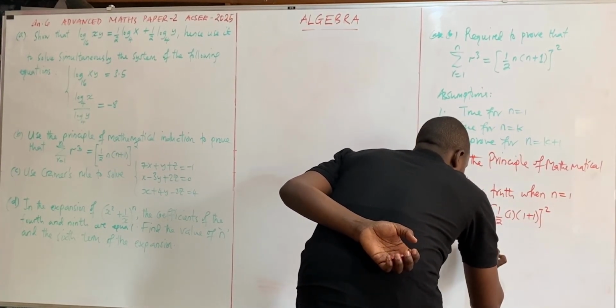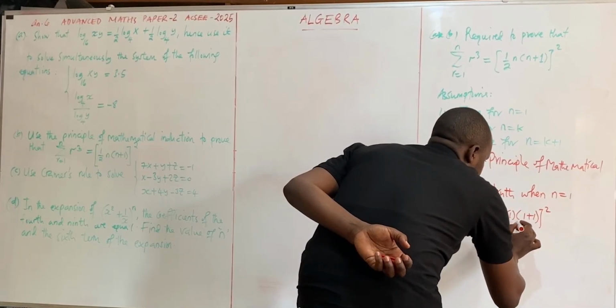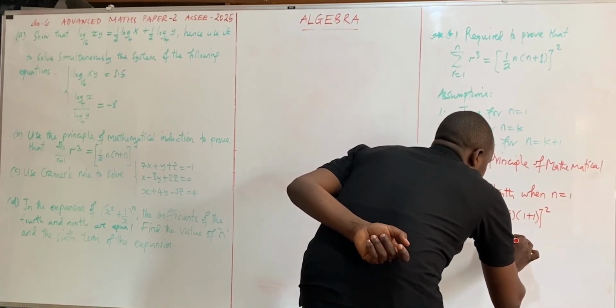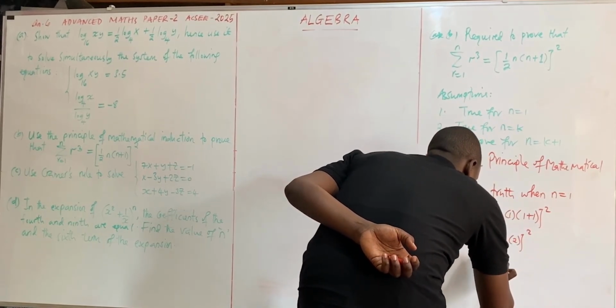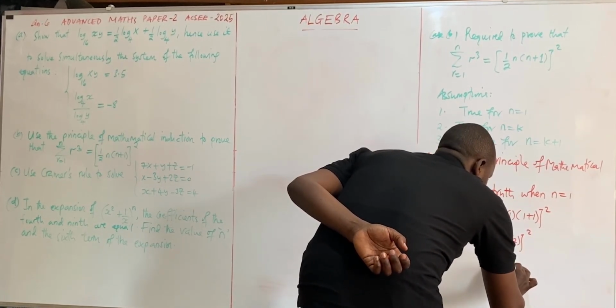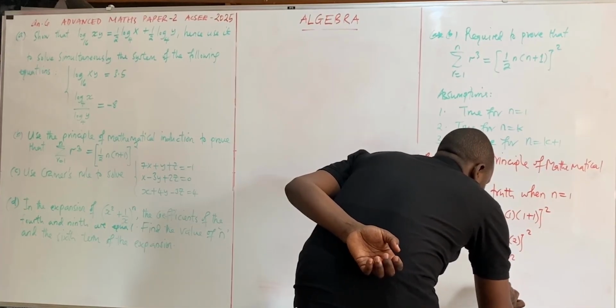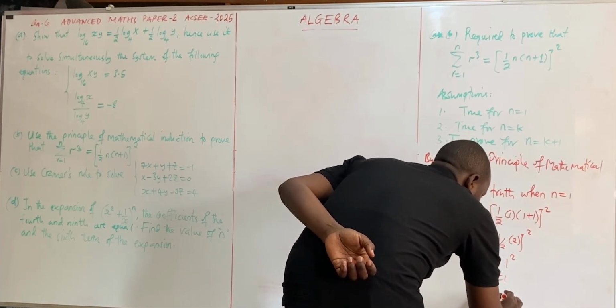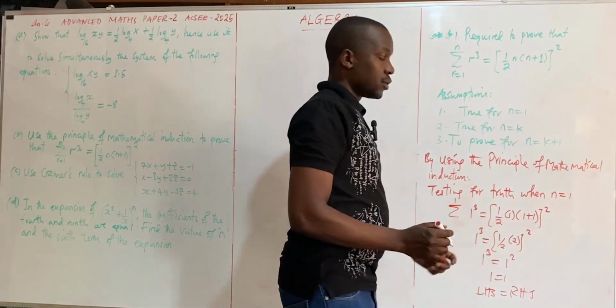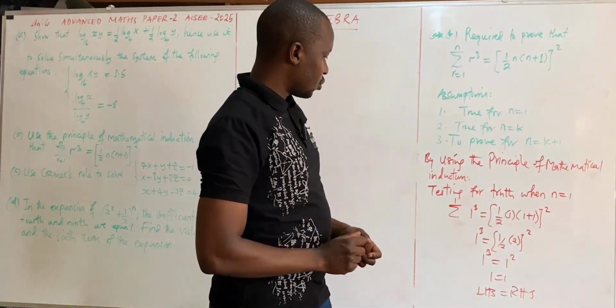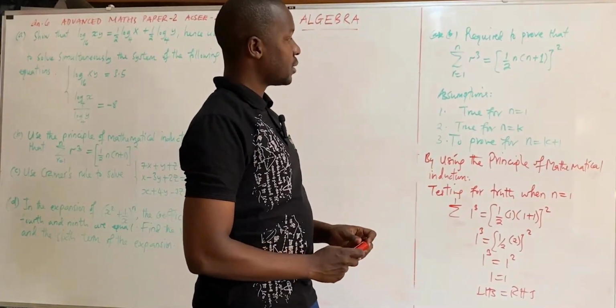So here we'll have 1 cubed equals 2 times 1 times 2, then squared. So we get 1 cubed equals 1 squared. So this 1 is the same as 1. So you can see the left-hand side solution is the same as the right-hand side solution. It means there is truth between the two sides.